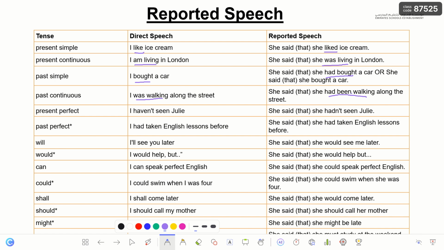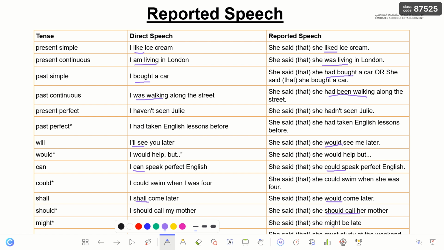Actually, what is important here, like will becomes would, but if I have would, it stays the same would because it's already in the past. Can becomes could, shall becomes should, shall, would, or should also. Here, should, would, or should.